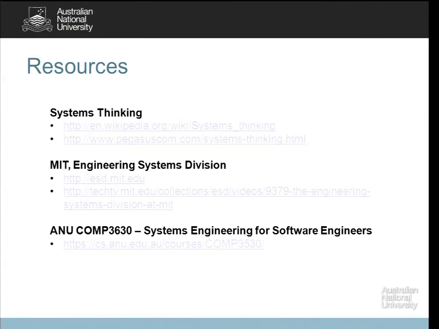There's two links there. One's their basic website, but there's also a video. And that video explains from MIT's perspective the importance of systems thinking and the importance of that to the future of engineering. Everything they say in that video applies to software engineering, and as Damien said, we're trying to get this culture into the ANU program.